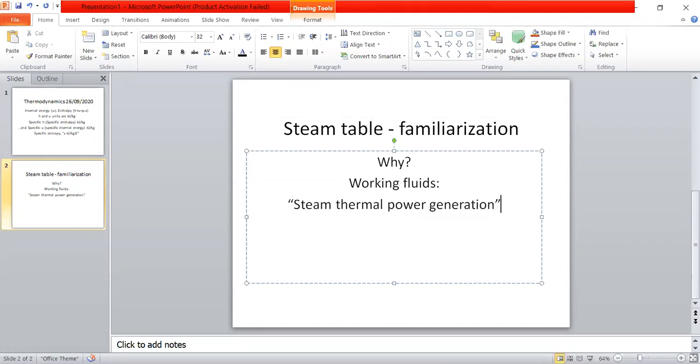So you are using steam turbines and even steam engines. There may be a system or a cycle of this power plant, let's say this is the steam power plant.